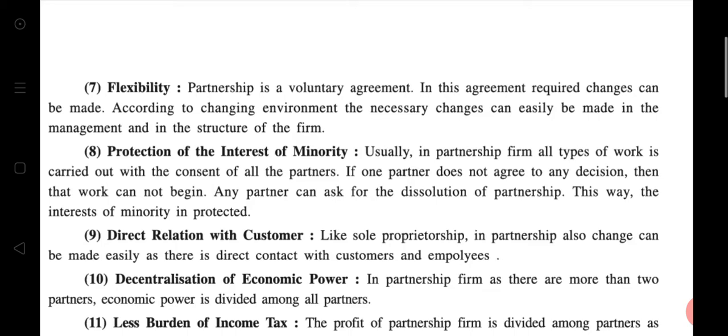So note down the homework. Write the head points of advantages of partnership firm in your head point book. Then write the advantages of partnership firm with detailed explanation in your fair book. I'll repeat: write the head points of advantages of partnership in your head point book, and write the advantages of partnership firm with detailed explanation in your fair book.